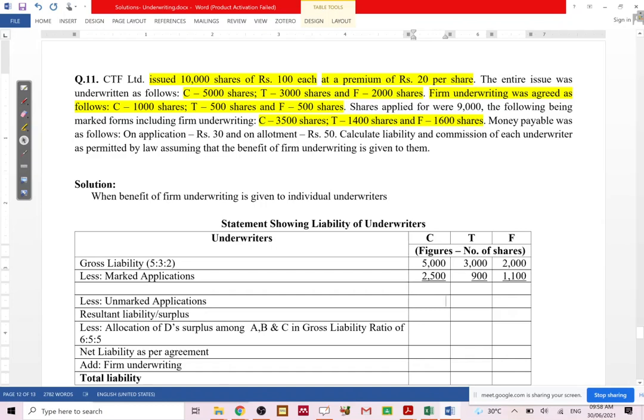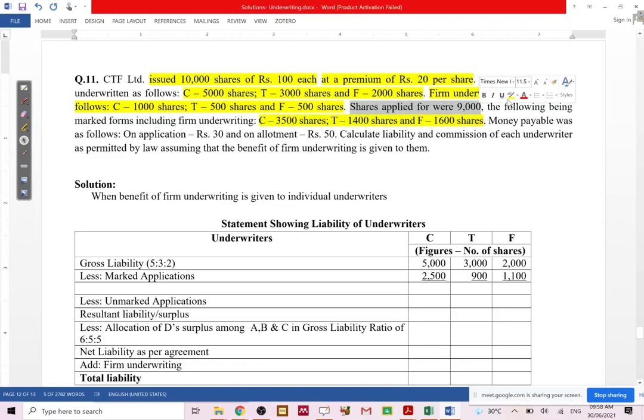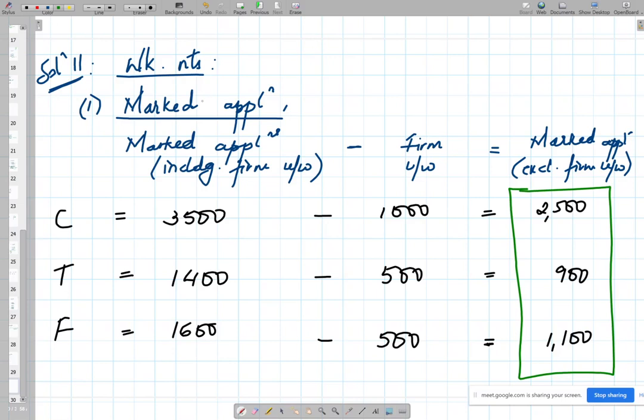Now we also need to calculate the unmarked applications from the total applications received. Shares applied for were 9,000, but firm underwriting is also included in this, because the marked forms had firm underwriting added to them, and those marked forms were included in this total. So shares applied for were actually 9,000 minus the firm underwriting.